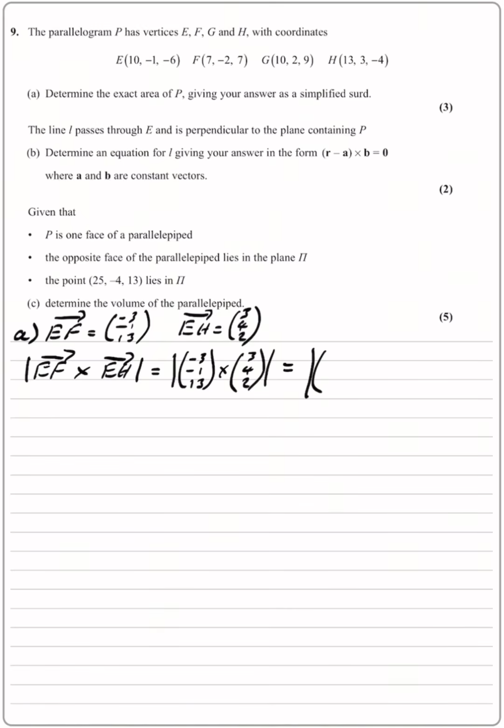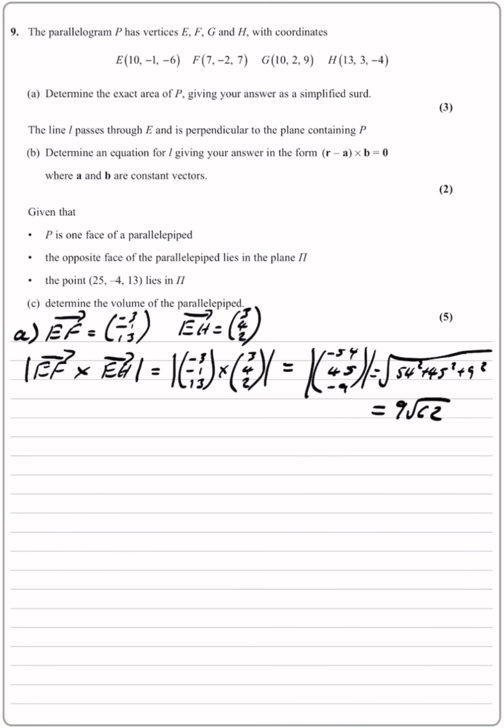Comes out as negative 54, 45, and negative 9. And the modulus of that, stick it into Pythagoras. It's going to be 9 lots of the square root of 62.